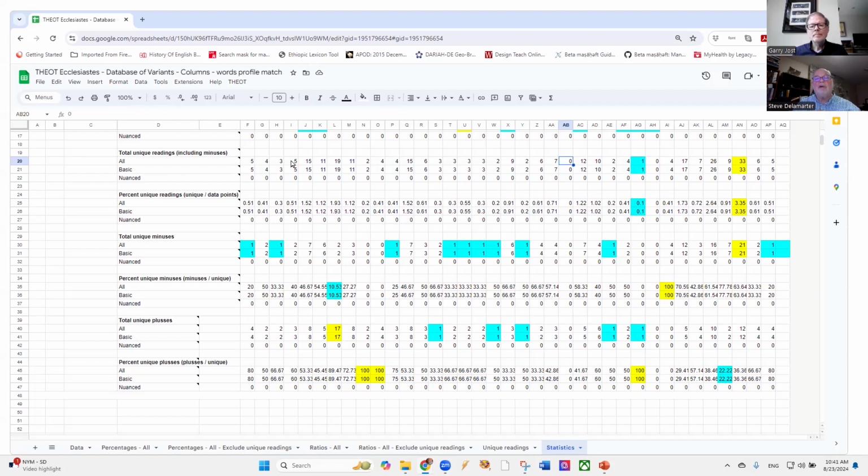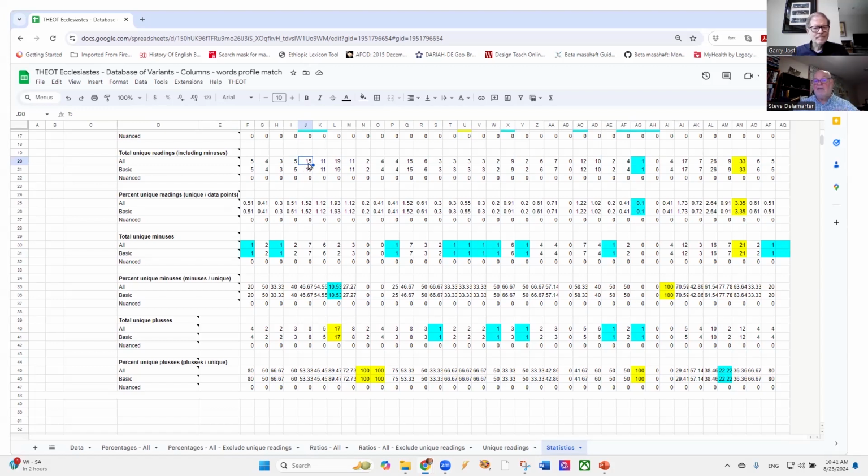But then we start to creep away in certain other ones. And again, if we remember that for the book of Ecclesiastes, I don't remember the exact number, but somewhere between 10 and 15% of the book is all that we have in our sample. That means that you would multiply this by 85% to get for the total book.